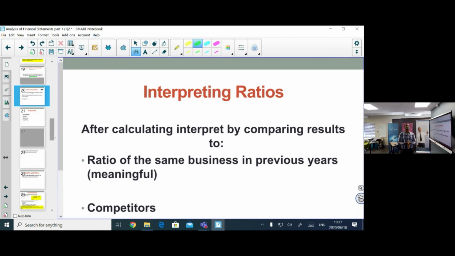What percentage is their gross profit? And also, is it competitive against its competitors? Because remember, business sometimes, or most of the time, has competitors. Most businesses are not monopolies. There will be just one monopoly out of a million.